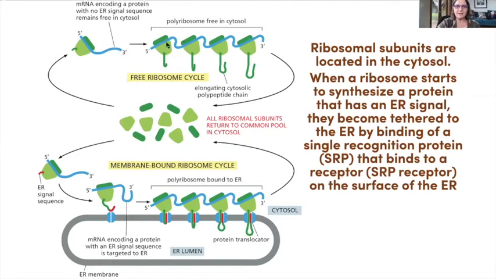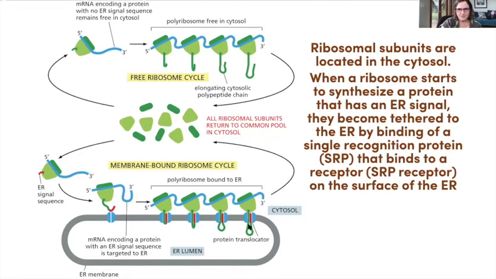But if these ribosomes are translating an RNA that is going to wind up making an endoplasmic reticulum protein, that protein is going to have a signal sequence at its N-terminus that is going to be recognized by a receptor on the surface of the endoplasmic reticulum, and is going to thereby tether the whole polyribosome to the endoplasmic reticulum.